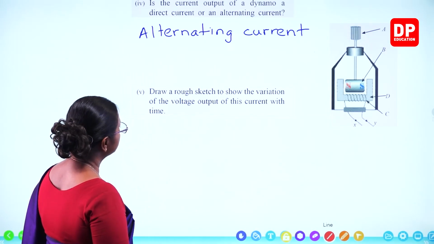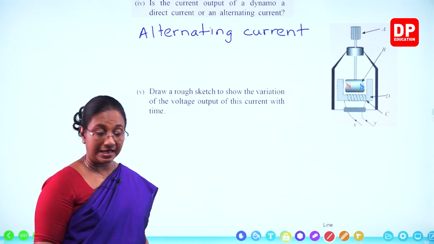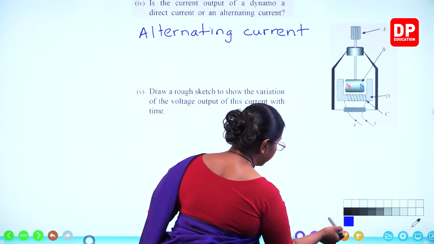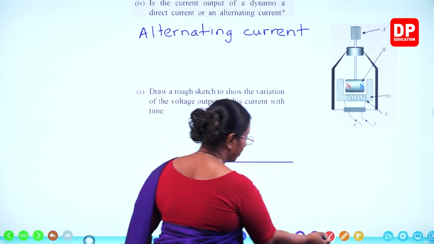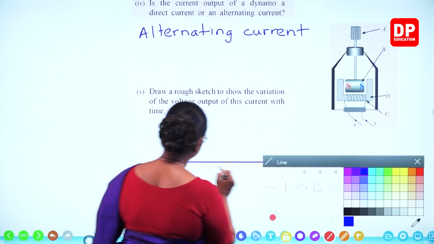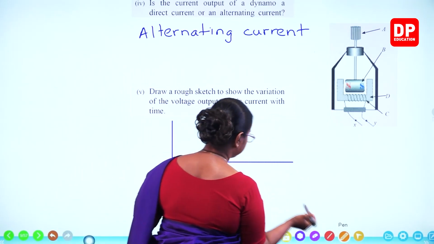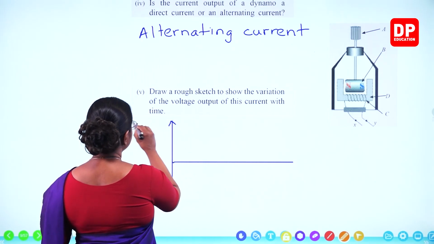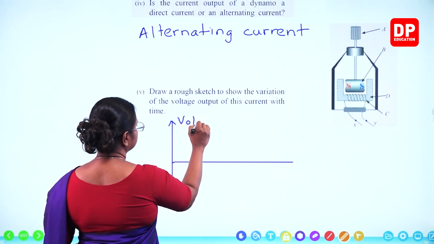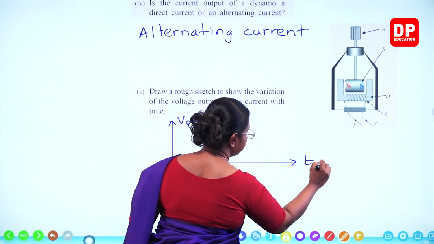Then, the fifth part of the question. Draw a rough sketch to show the variation of the voltage output of this current with time. We have drawn graphs, you can remember. So this is voltage and time.